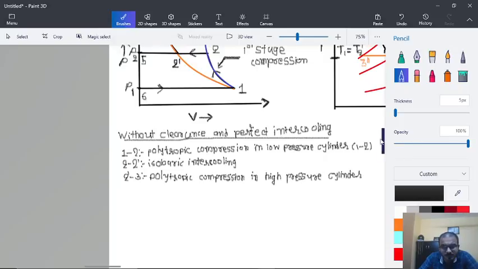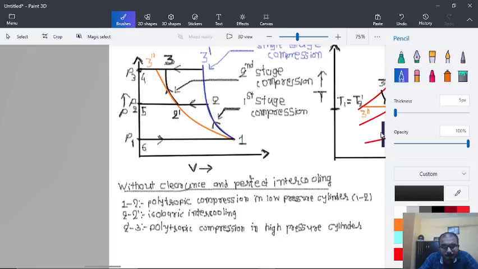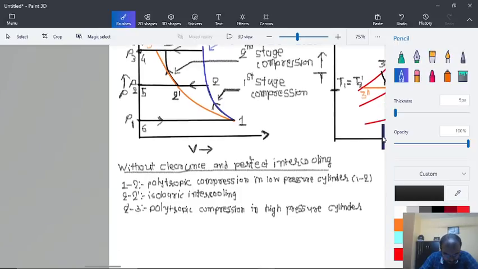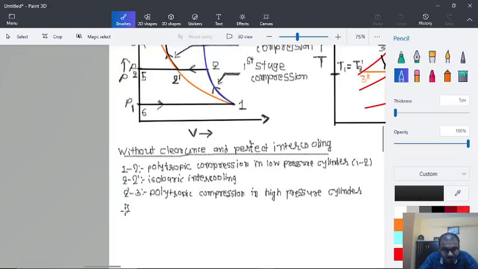Then we have 3 to 4, which is delivery of air at constant pressure P3.